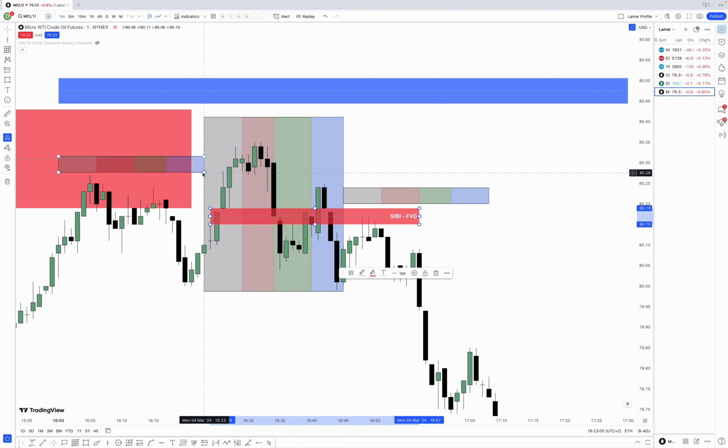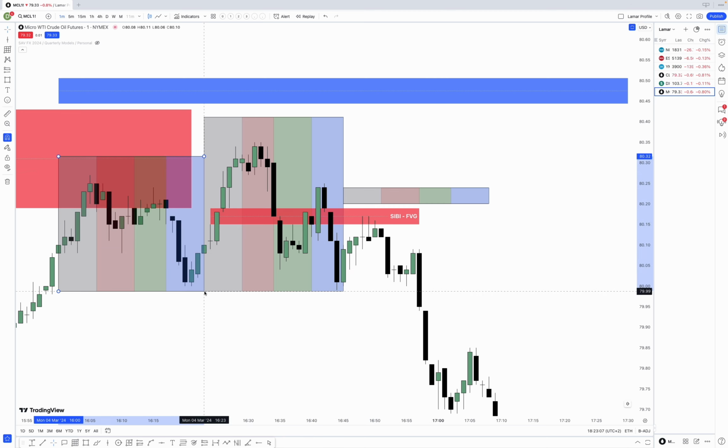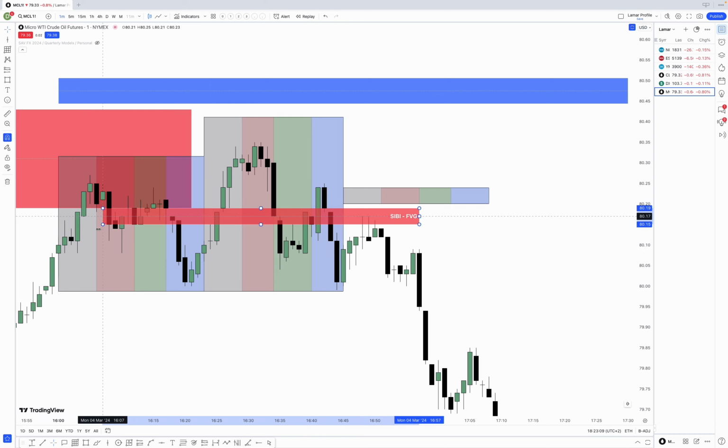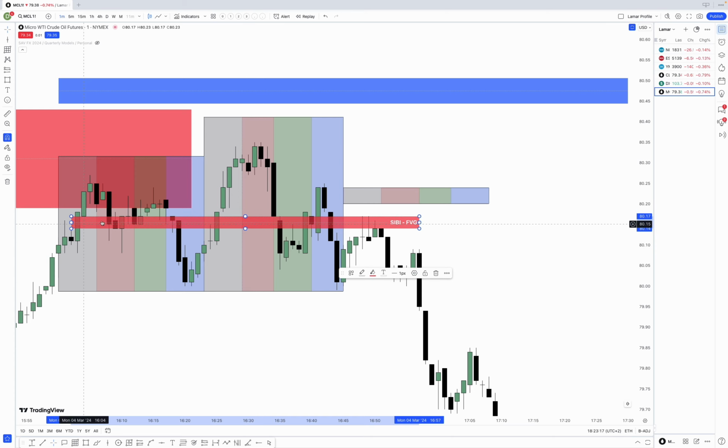You can even continue and drag price like this. What else will you see? We have another PDRA right there. The price rebalances off it, so it's reacting off two PDRAs within the same quarter range, if that makes sense.